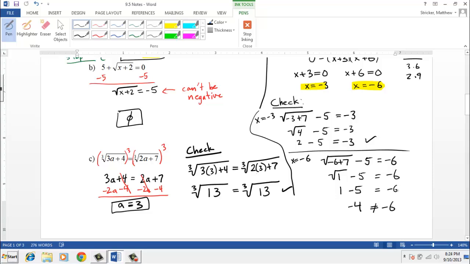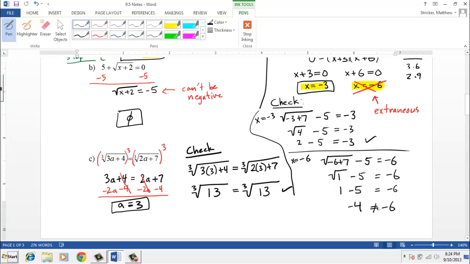So that one does not work out. So we're going to cross out this is an extraneous solution. We don't want to include that one in our solution set. We're just going to have one answer. It's the answer x equals negative 3.